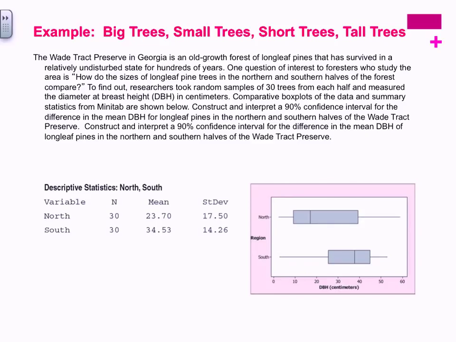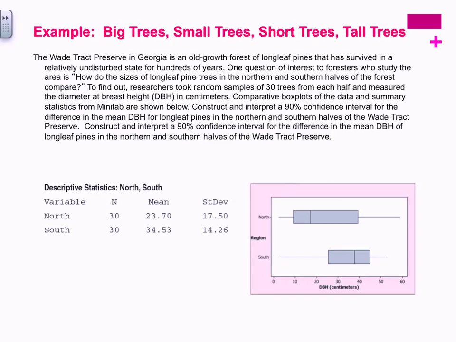Okay, so I think it's best if we run through a quick example and be done with this, and then we'll take a look at more examples and do significance tests in class tomorrow. So the Wade Tract Preserve in Georgia is an old-growth forest of longleaf pines that has survived in a relatively undisturbed state for hundreds of years. One question of interest to foresters who study the area is, how do the sizes of longleaf pine trees in the northern and southern halves of the forest compare?